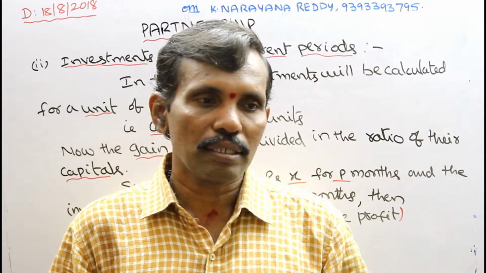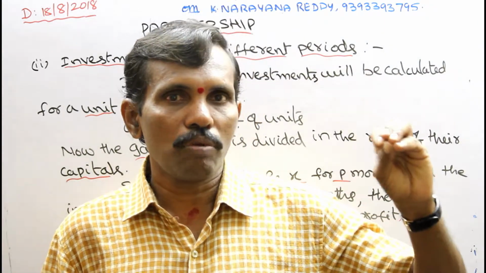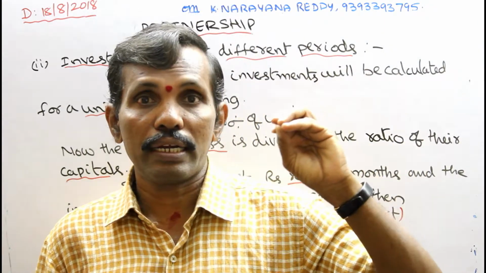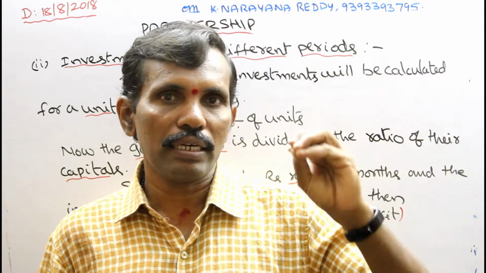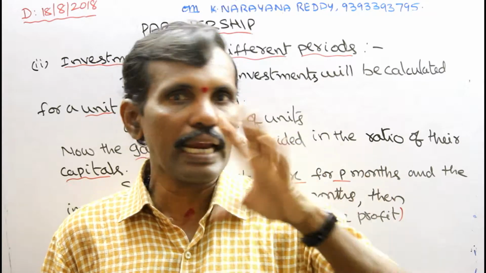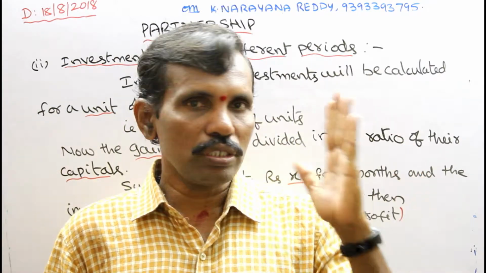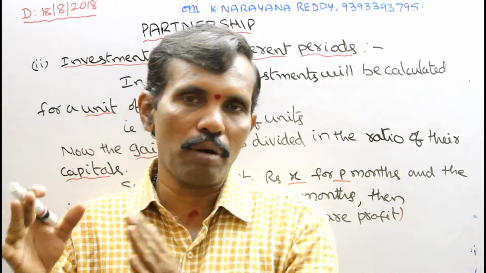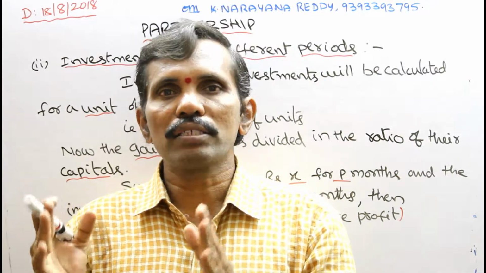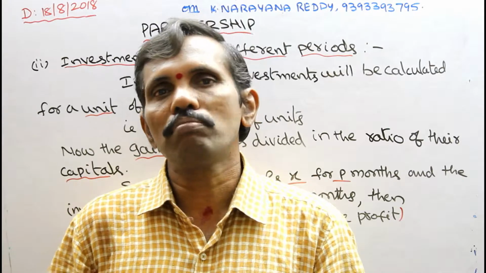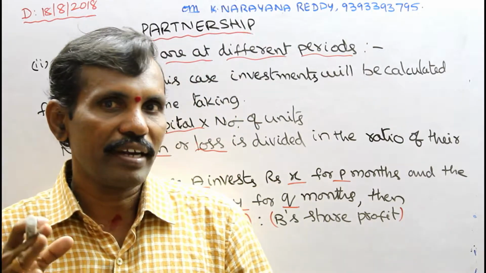Suppose A invests 1 lakh for 10 months. So 10 into 1 lakh is 10 lakh. So A invests 10 lakh. In the same manner, B invests some amount. Depending upon that ratio, gain or loss is distributed among the partners. That is different time periods.